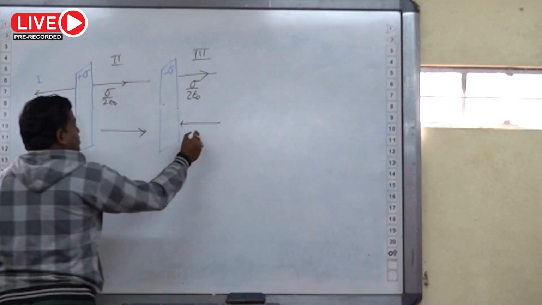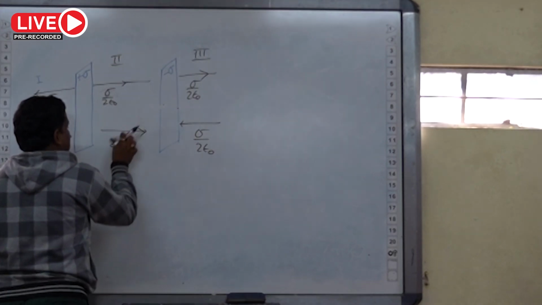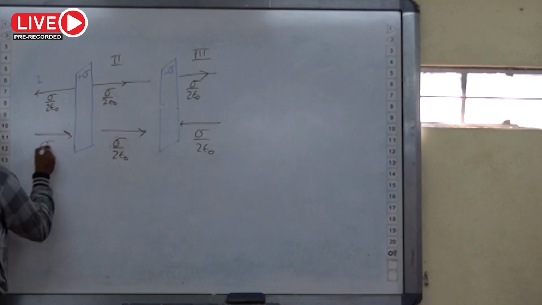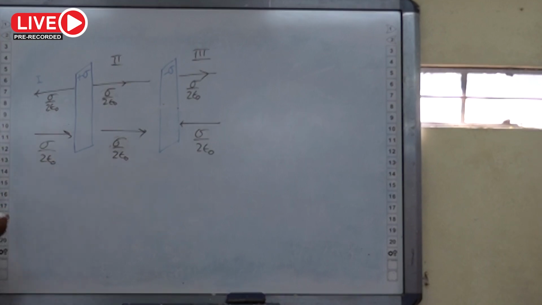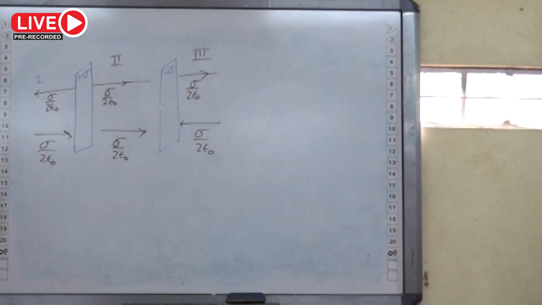The magnitudes will be the same, sigma by 2 epsilon naught in each region. No more minus sign, because I have already shown the direction, so only the magnitudes of the fields are written.